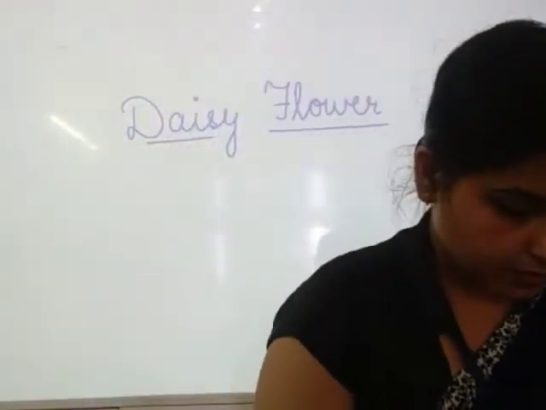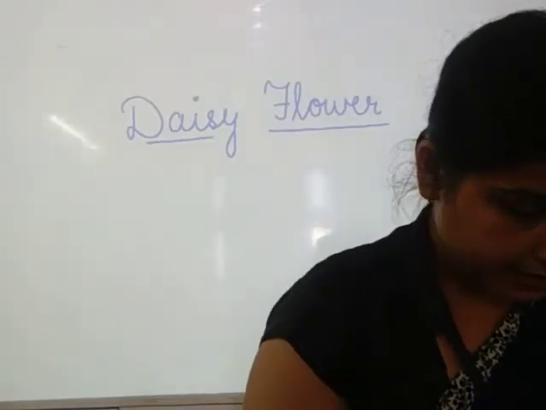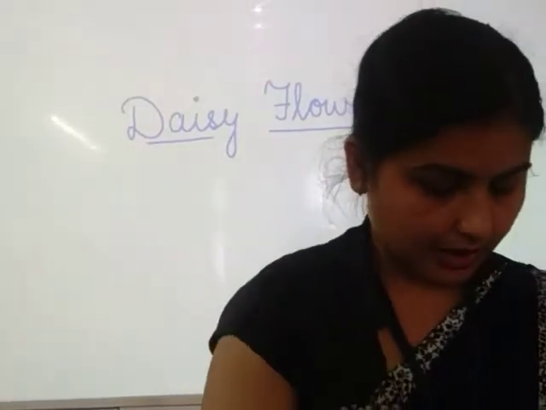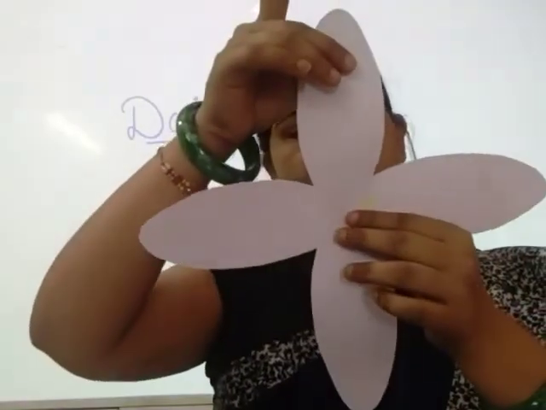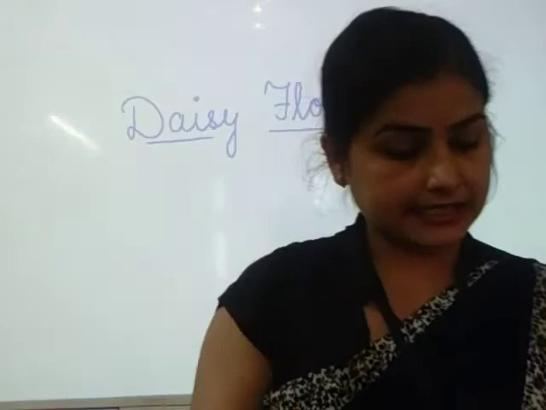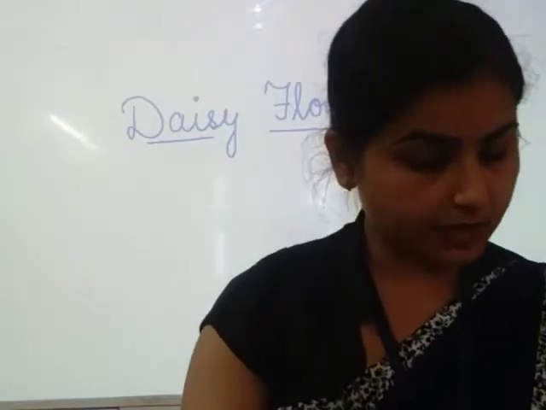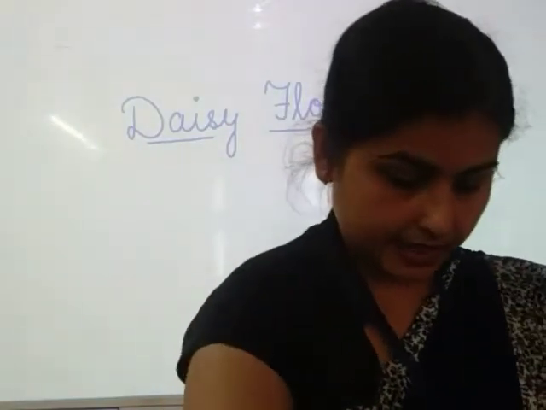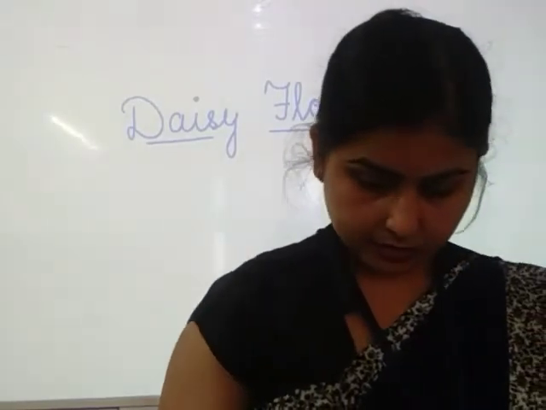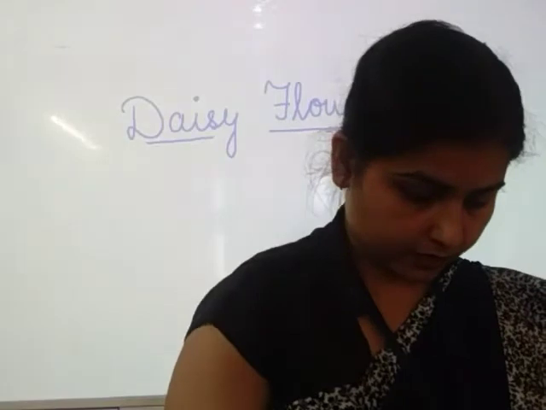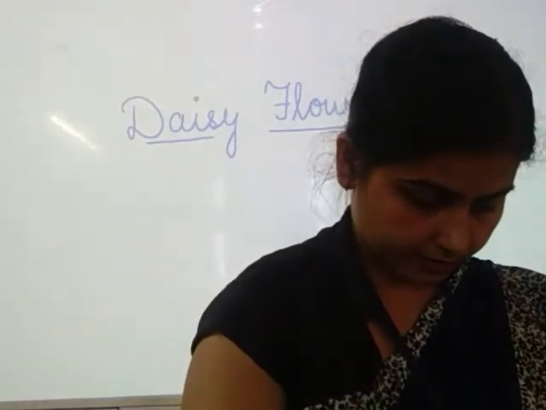One more layer is ready. After pasting these groups of 4, we will arrange them in a manner so that it will look like a daisy. Now this 4th group is going on.